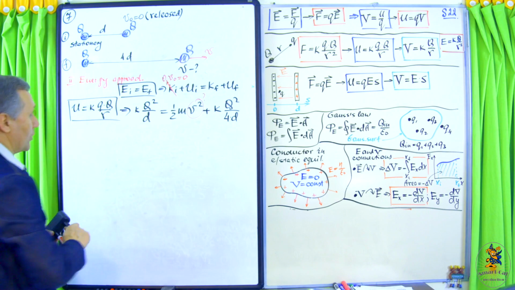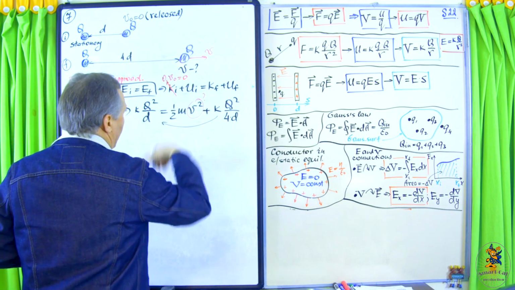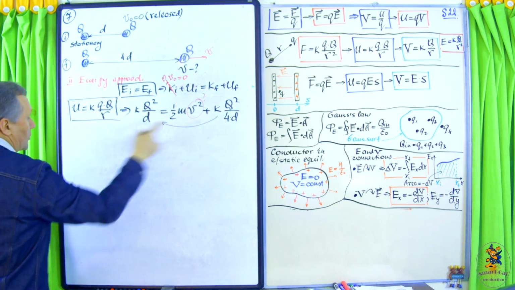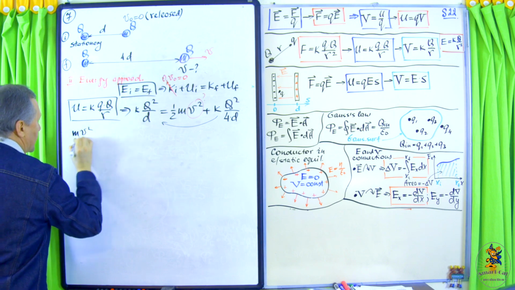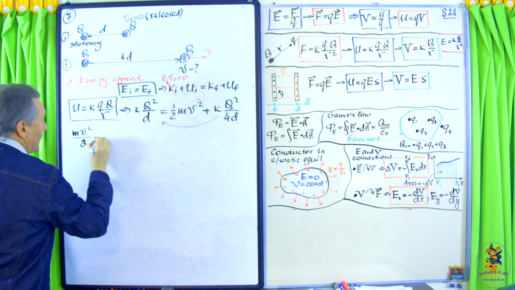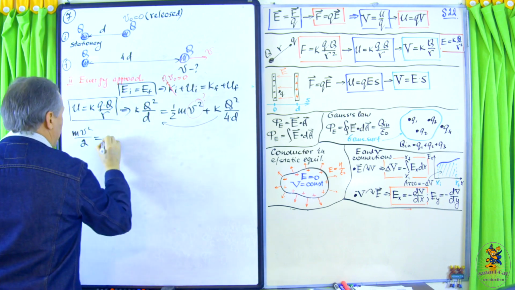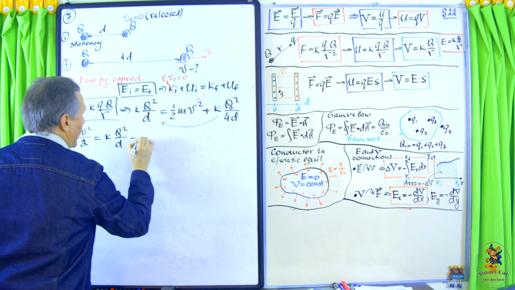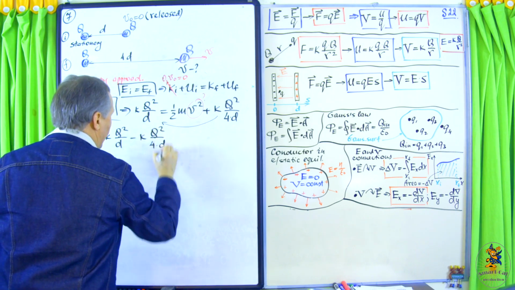One equation, one unknown. All right, so I will move this term to that side with minus, and then of course I will flip the equation so that my unknown will be on the left-hand side. So it will be mv squared over 2 equals this minus that. So it will be k q squared over d minus k q squared over 4d.